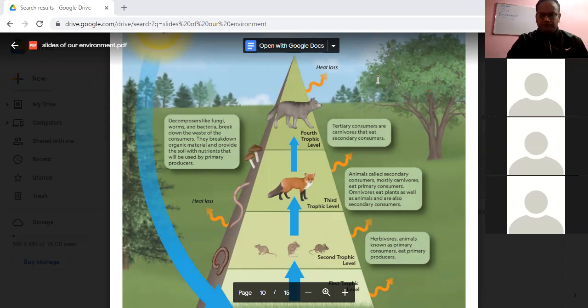According to Lindeman's 10% law, at each trophic level, only 10% of energy flows from one trophic level to another. Okay, very good. Well said, that only 10% of the energy of one trophic level goes to the next trophic level.